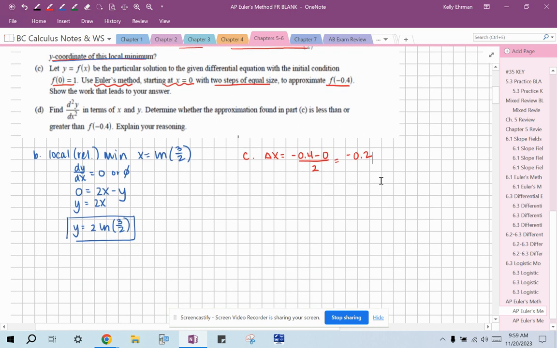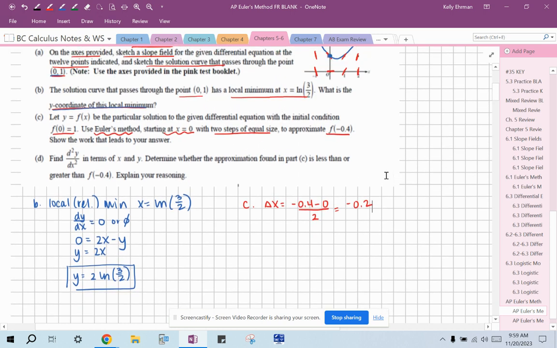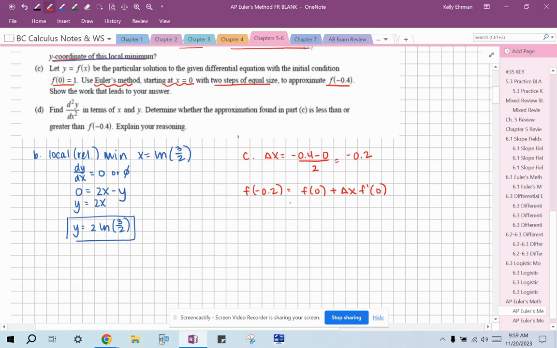All right, and then the buildup of this. So remember, you're starting at 0 and you're going to go one step negative 0.2. So the first approximation is f of negative 0.2. You start at f of 0. You add to that delta x times f prime of 0. I would suggest always writing out this little formula before you plug numbers into it so that you're not plugging the wrong numbers into things.